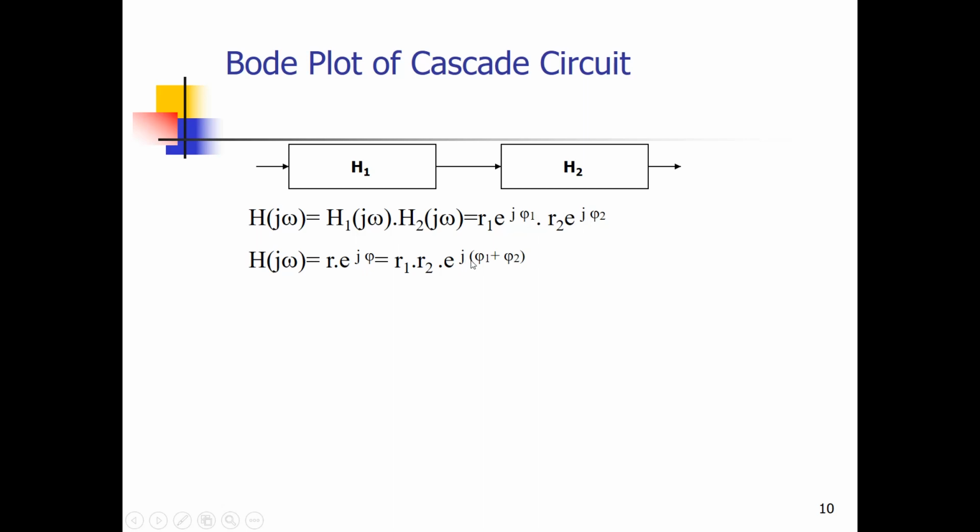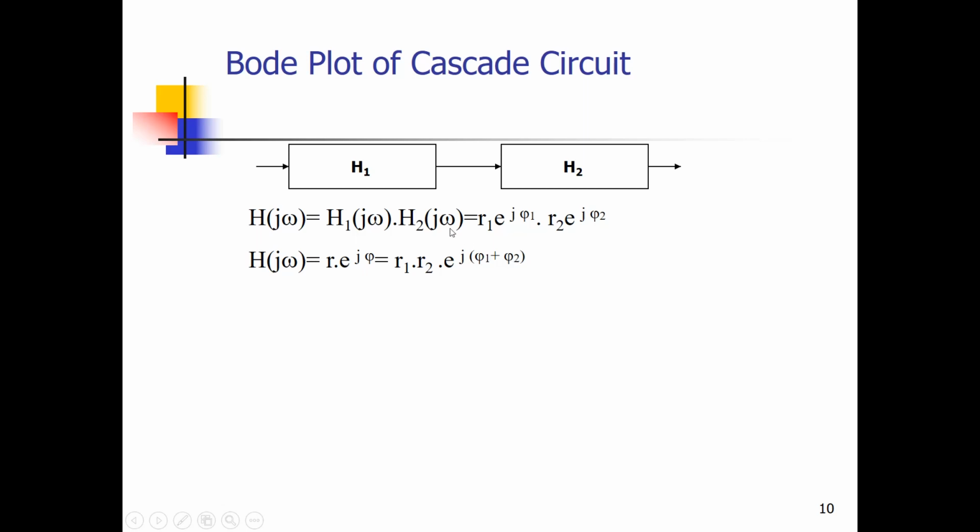So what we can see in the first place is that the phases are added to each other. What does that mean with respect to the Bode plot? Well, when we put two systems in cascade or in series, we may add the phase plots.